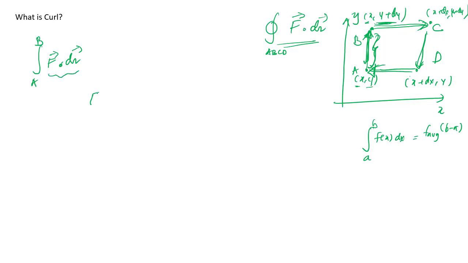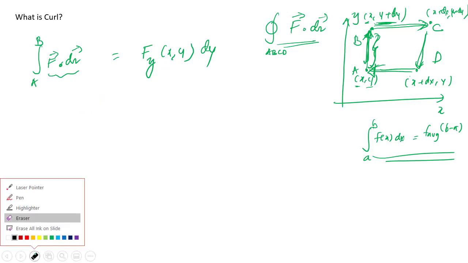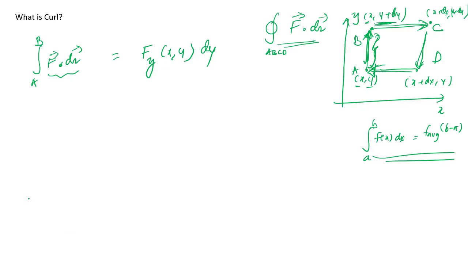Because I'm looking at only the fy component, I can just take fy of xy, on average, times dy. So we're taking the average of these forces, and we are equating that to Fy dy.